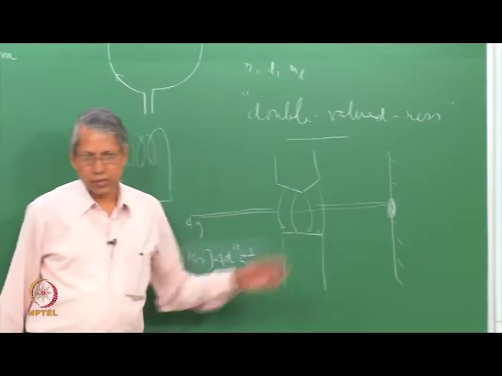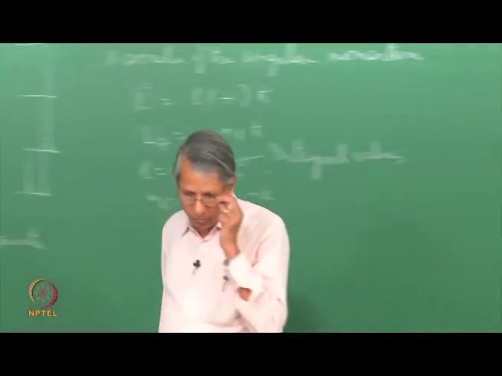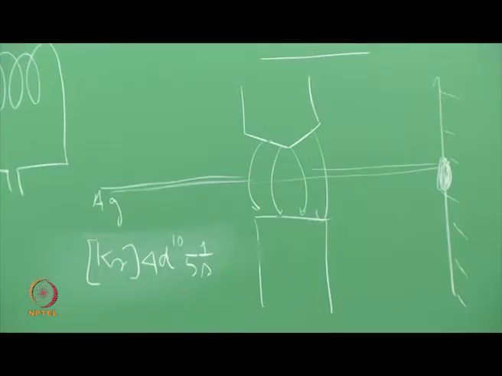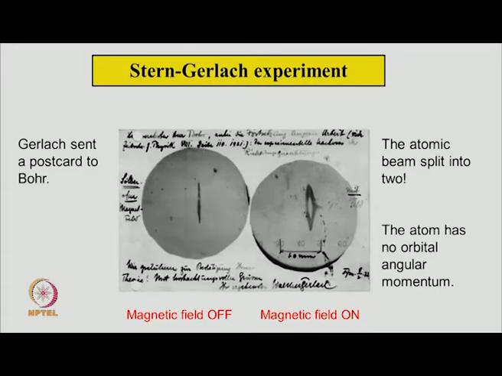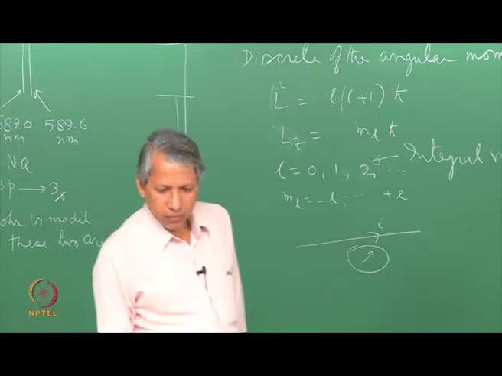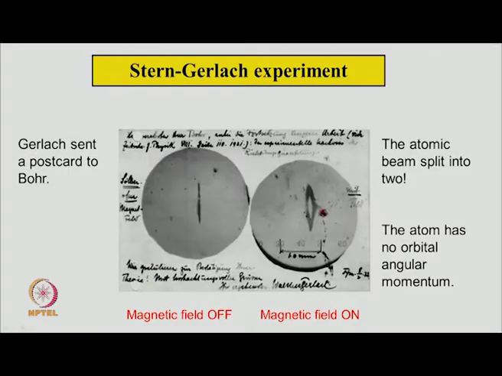So, this is again a very extraordinary finding, it cannot be explained by the known electronic structure. So, they sent this finding to Niels Bohr in a postcard, announcing that they found the splitting of this silver beam, particularly because the silver atoms did not have any angular momentum.